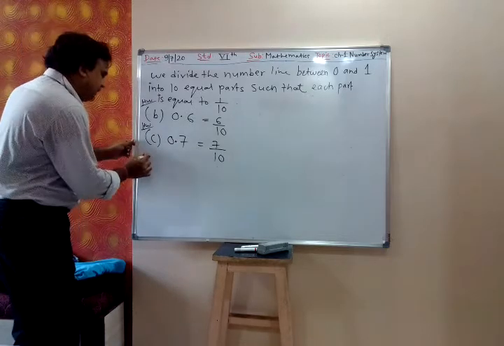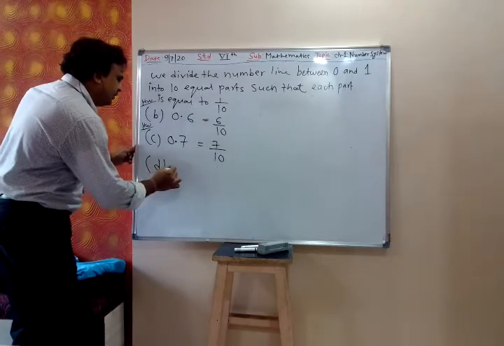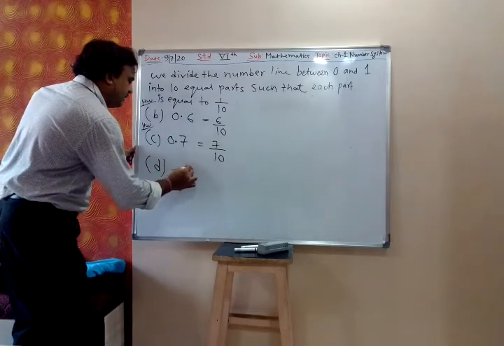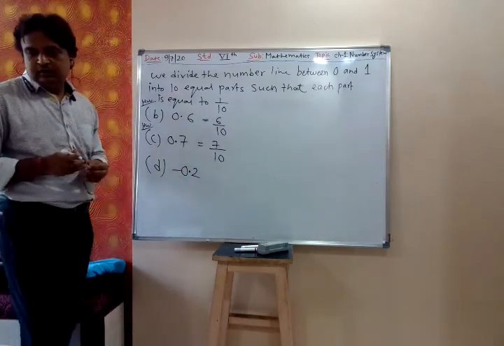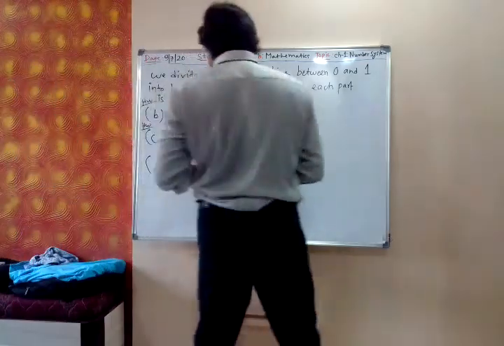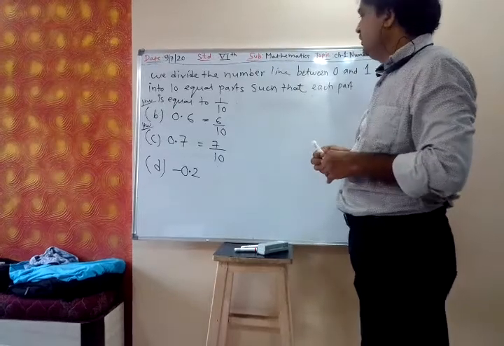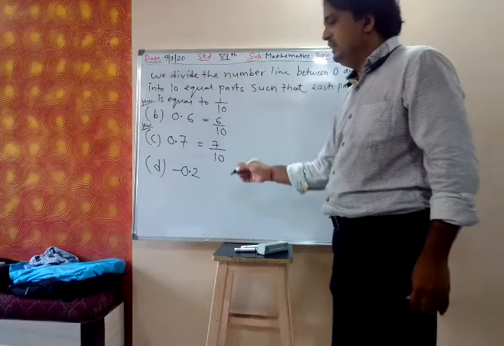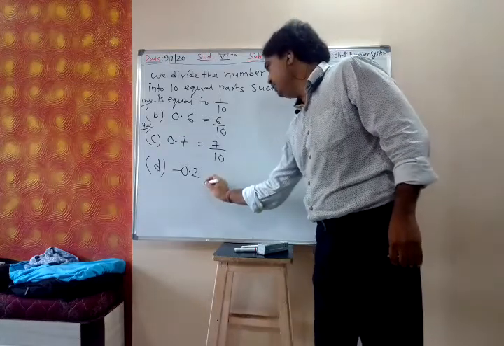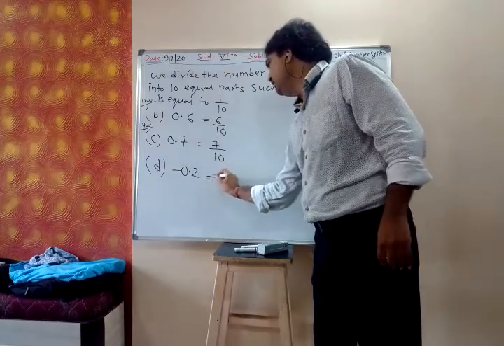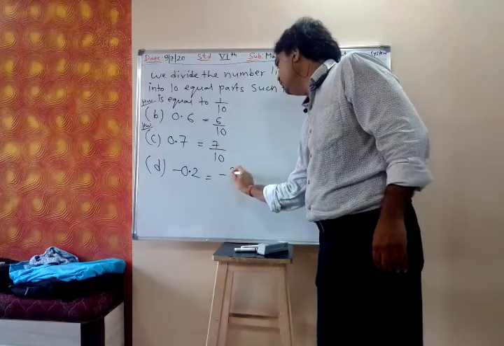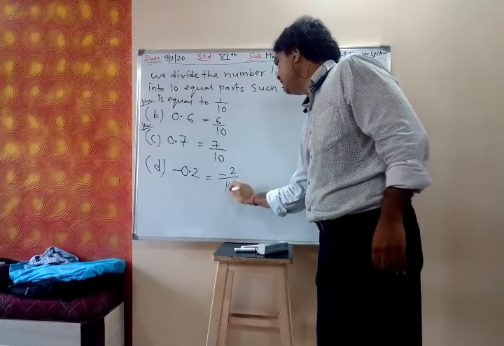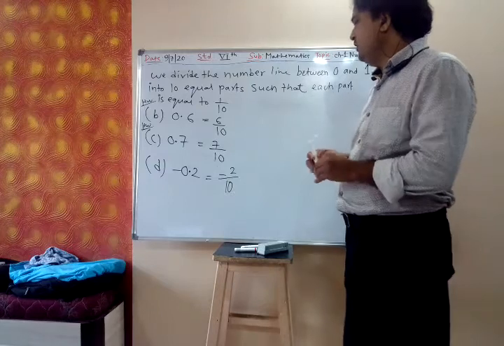Now let us do D part: minus 0.2. I can write minus 0.2 as minus 2 upon 10.